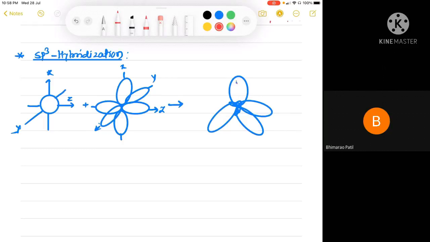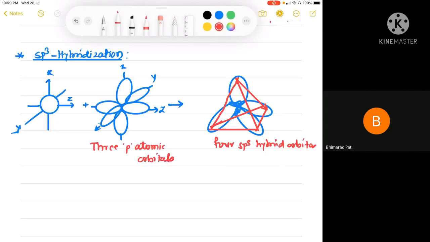This you see, four sp3 hybrid orbitals from s and 3p atomic orbitals.